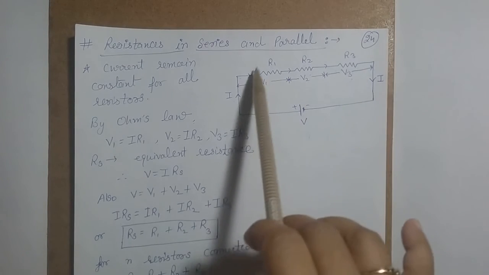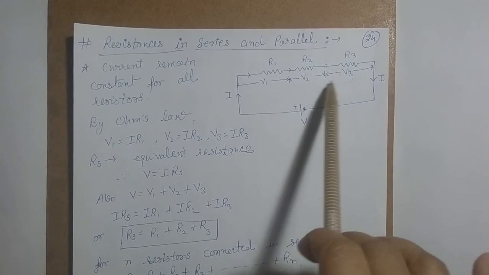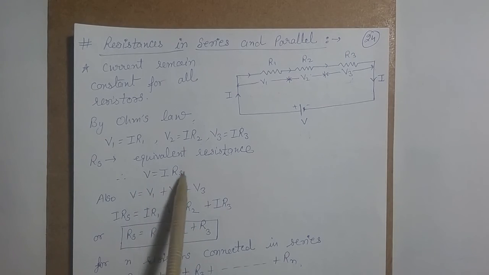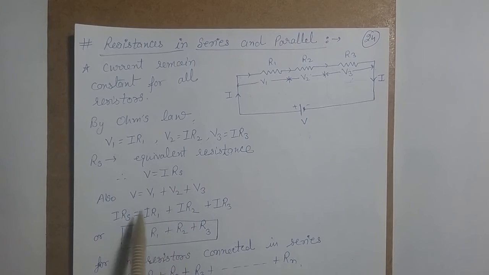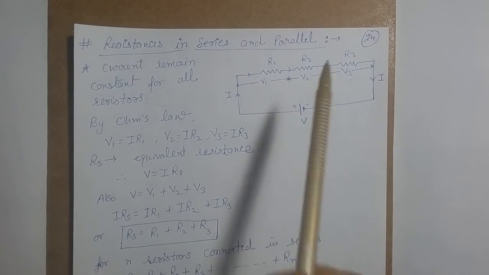Let RS be the equivalent resistance for this whole series combination. So again applying Ohm's law, V equals IRS. Also, this is the total sum of these.